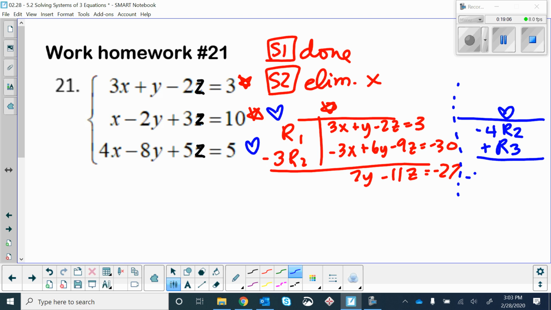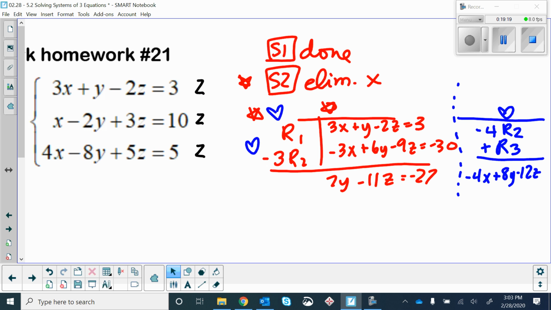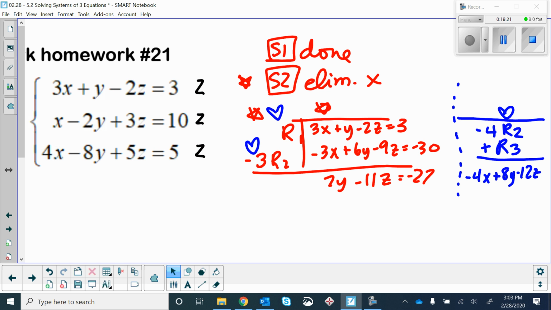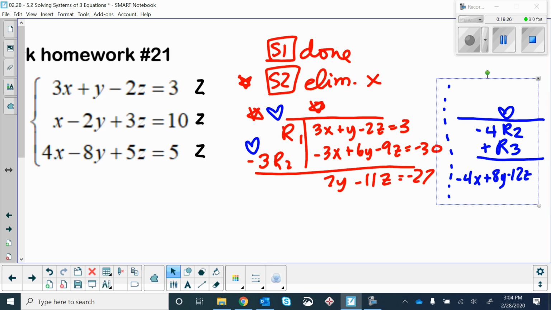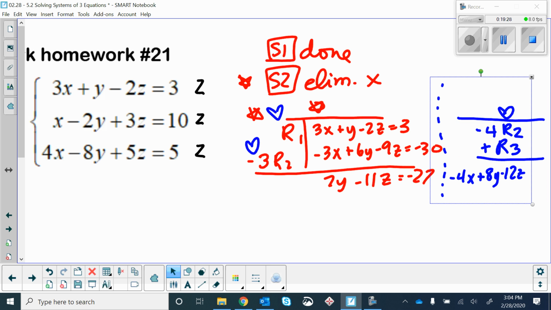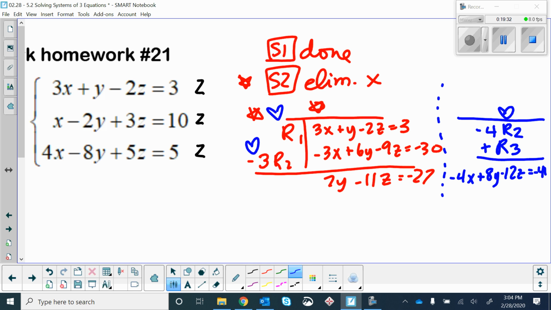So I've got -4x plus 8y minus 12z equals -40. And then add row 3 to it.